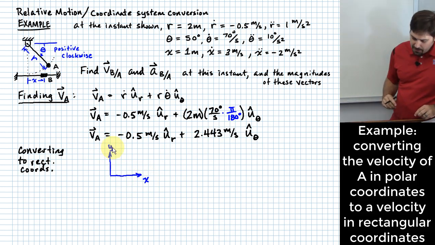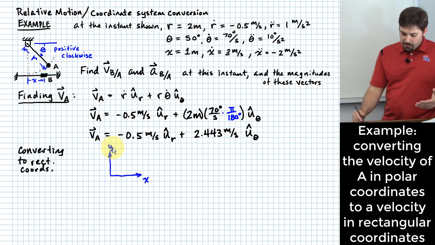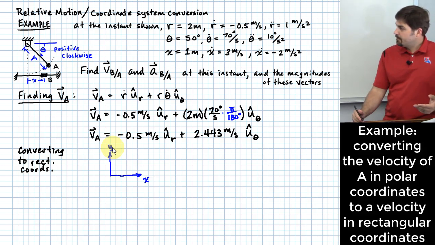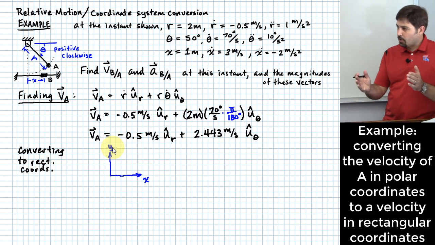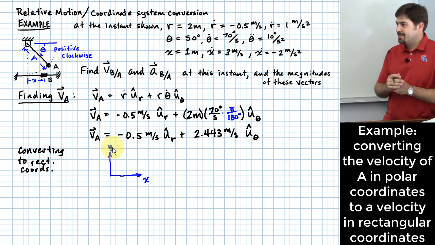We'll start with the radial direction. Okay. If I have a negative speed in the radial direction, does that go toward the center of rotation or away from it? All right, I would say that negative value there means it's going toward the center of rotation. It means the r is getting shorter, right? It has a speed such that r is getting shorter. Yeah, that's what the negative value means. At this instant, right.